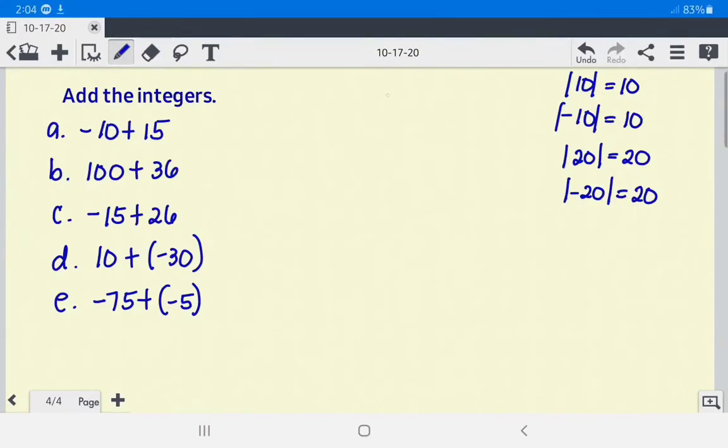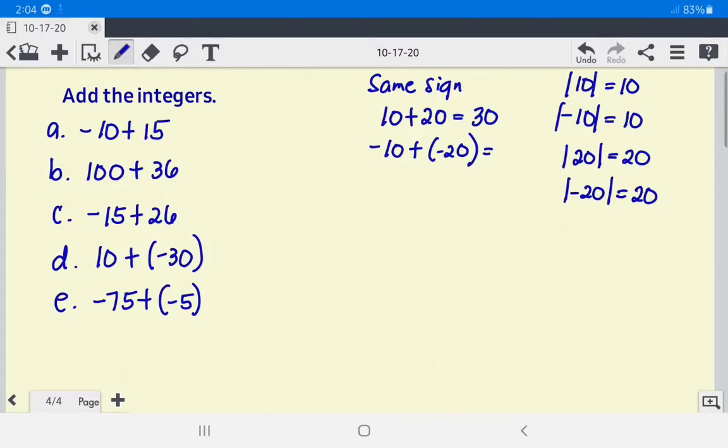Okay. So in adding integers with the same sign, let's say we have 10 plus 20. Of course, you will just add, right? So we have 30. Now, how about if we have negative 10 plus negative 20?